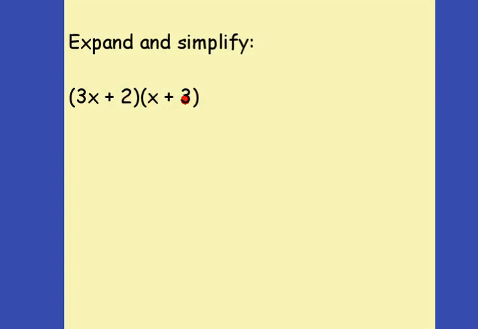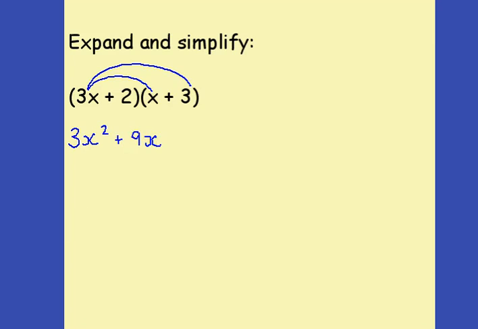In this question, we're asked to expand and simplify these. What this means is that everything in the second bracket needs to be multiplied by everything in the first bracket. So we start by multiplying everything in the second bracket by 3x. 3x multiplied by x is 3x squared. 3x multiplied by 3 is 9x.